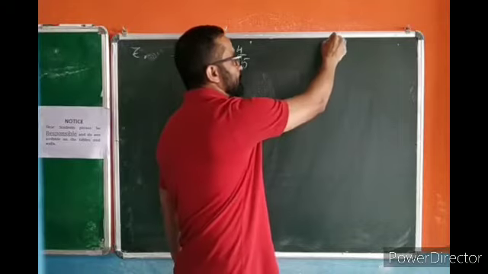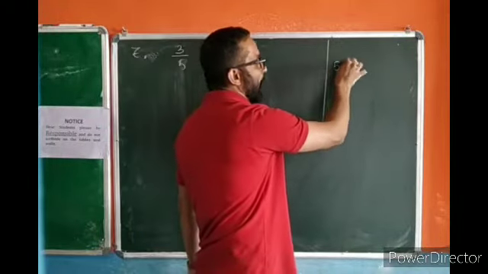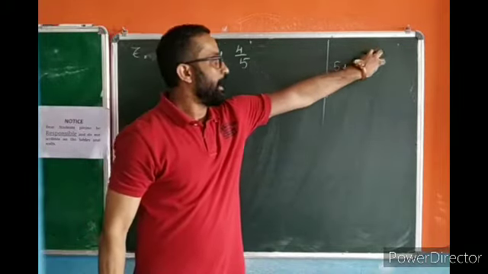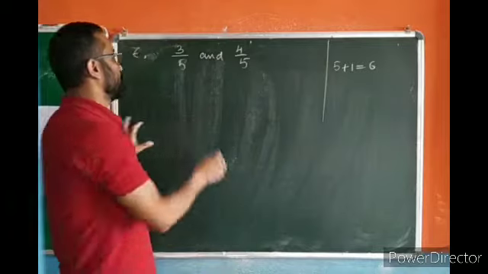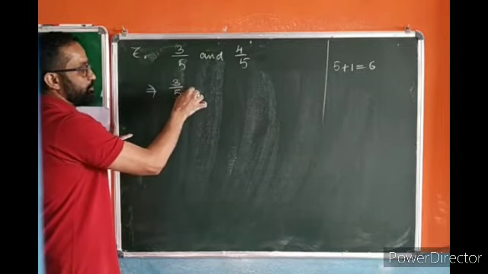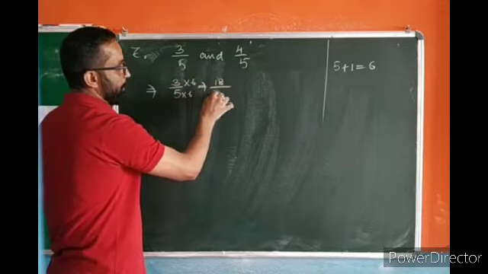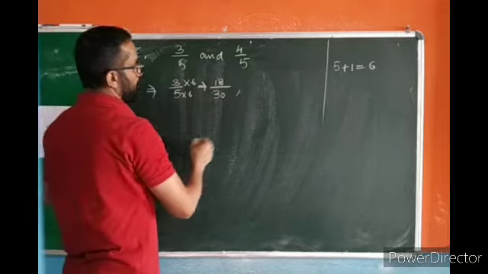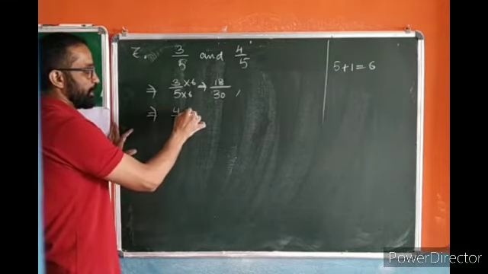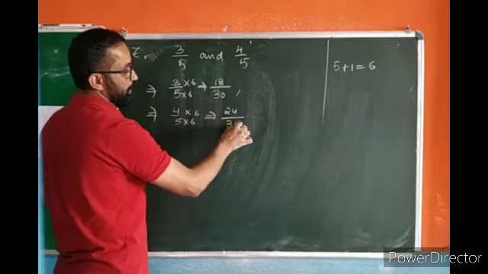Since question says to insert 5 rational numbers, we write 5, add 1, increase it. The value comes 6. Multiply each by 6. 3/5 into 6/6 is equal to 18/30. Second one also you write 4/5 into 6/6. 6 into 4 is 24/30.